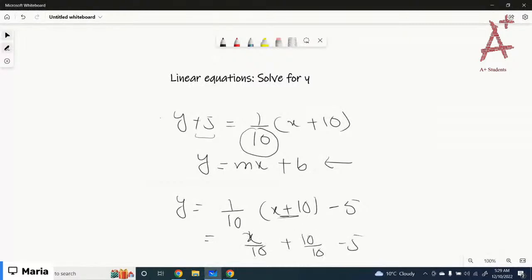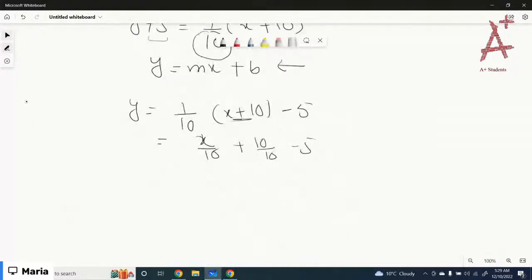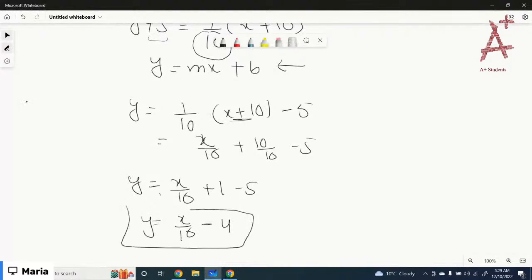Got it? So y equals x over 10, 10 over 10 is 1, minus 5. So that would be x over 10, and 1 minus 5 is negative 4. So the equation is y equals x over 10 minus 4, or you can rewrite it as y equals 1 over 10 x minus 4.